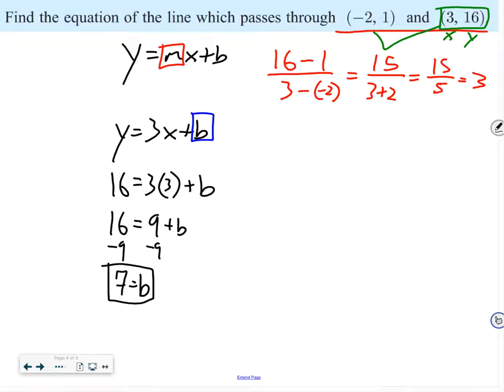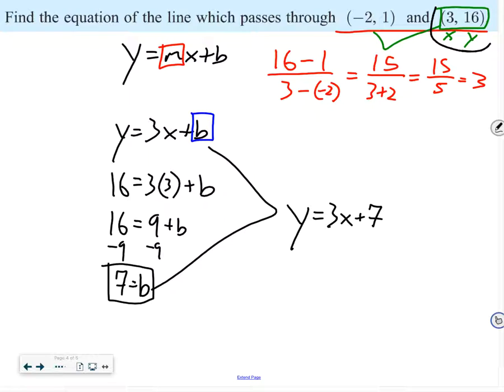Okay. So from that, I put my 2 pieces of information together, and I get y equals 3x plus b. Well, what was my b? That was 7. What I like to do at this point is, since I used this point here to check, I'm going to go ahead and plug this point into my equation and make sure it satisfies it.